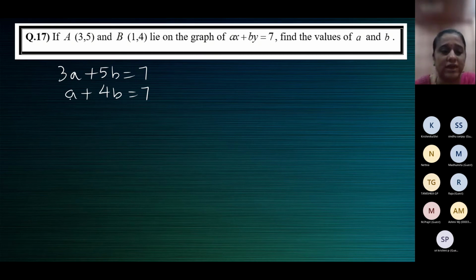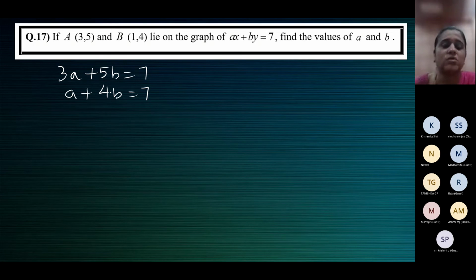The coefficient of a in the first equation is 3 and in the second equation is 1. They're not the same. And the coefficient of b in the first equation is 5, in the second equation it is 4.